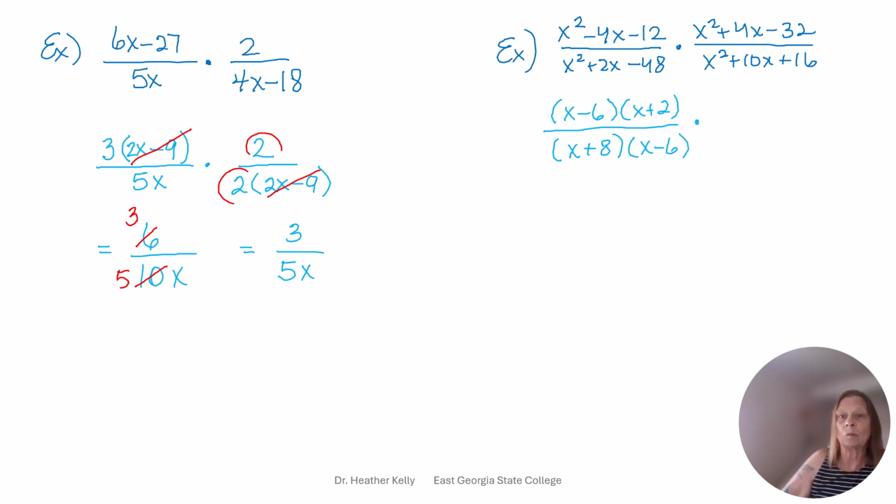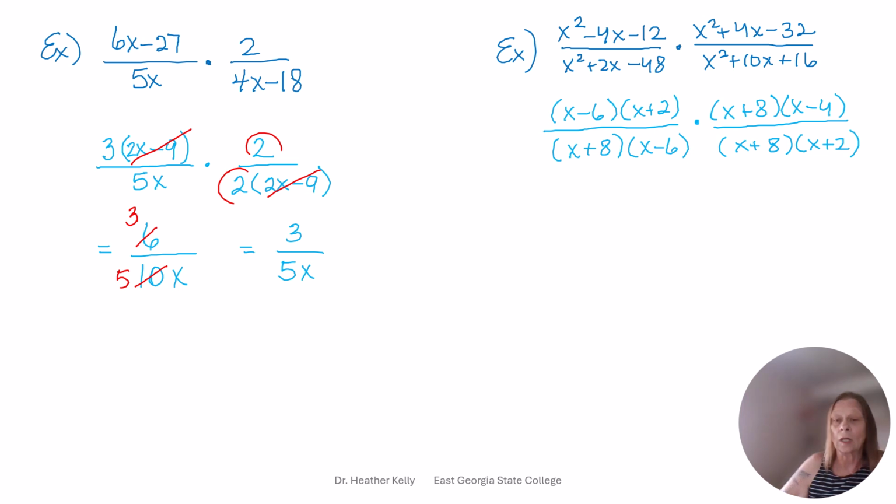Times, let's do this piece over here, x squared plus 4x minus 32, that's going to be x plus 8, x minus 4. And finally, our x squared plus 10x plus 16, that's going to be an x plus 8 times an x plus 2.